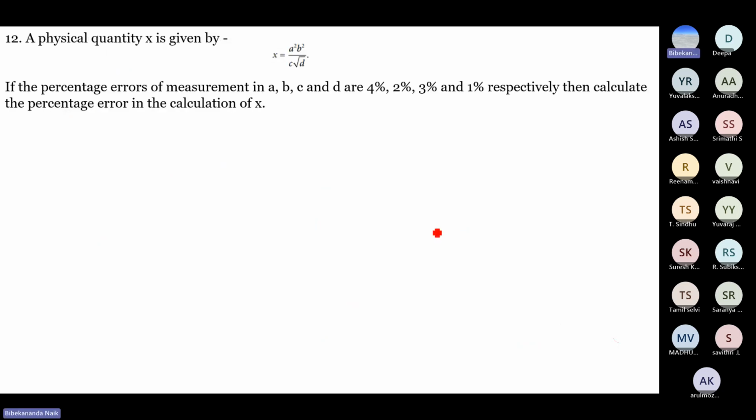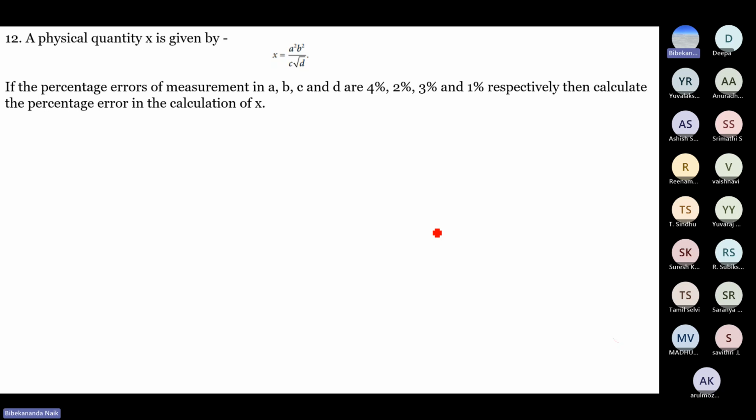Now the next question is: the physical quantity x is given by x equals a square b square divided by c into root d. If the percentage errors in measurements of A, B, C, and D are 4%, 2%, 3%, and 1% respectively, then calculate the percentage error in the calculation of x.